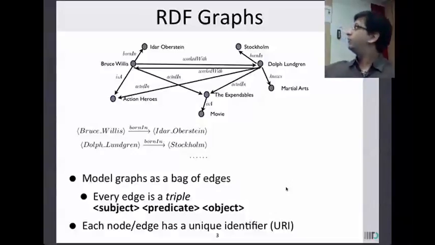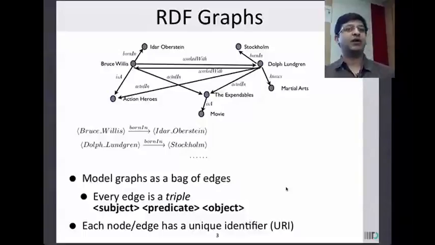So you can form such a graph where Bruce Willis is one node and Dolph Lundgren is another, and you can have relationships like both were born in different cities, Idar-Oberstein and Stockholm, and then both of them have worked in one single movie, The Expendables, and it's a movie, and you can even construct further relationships like this is a movie made in Hollywood and it's an action movie, and both of them are action heroes, out of which Dolph knows martial arts while Bruce Willis knows how to handle a gun, right?